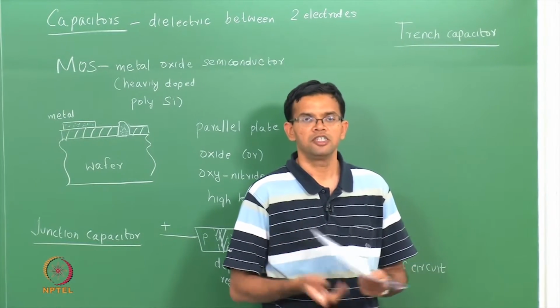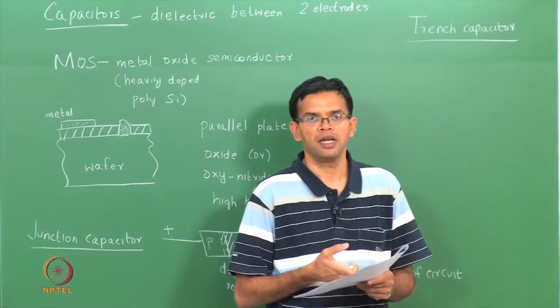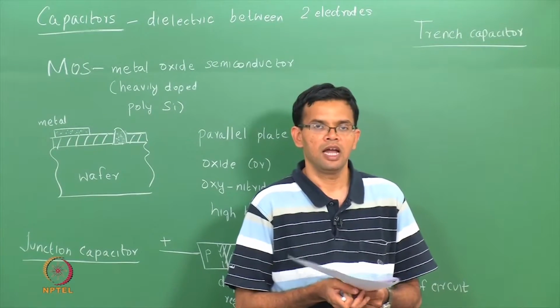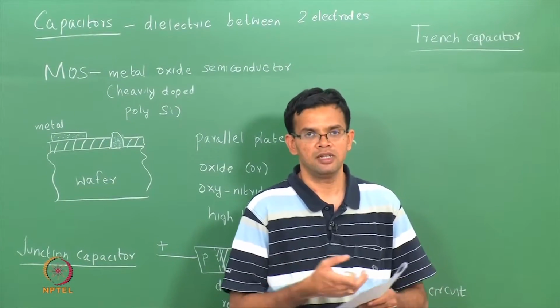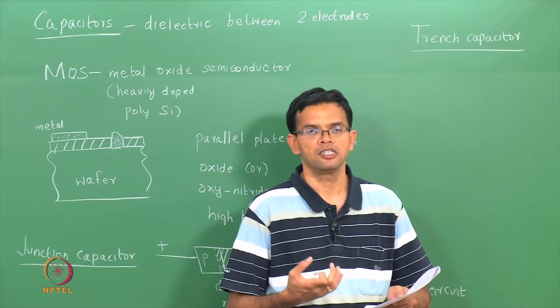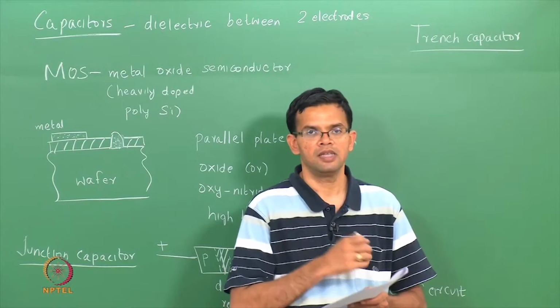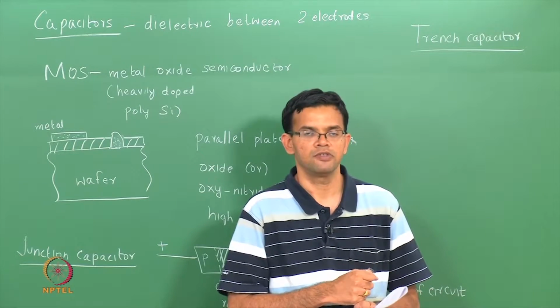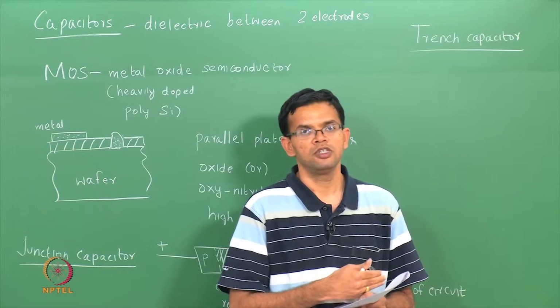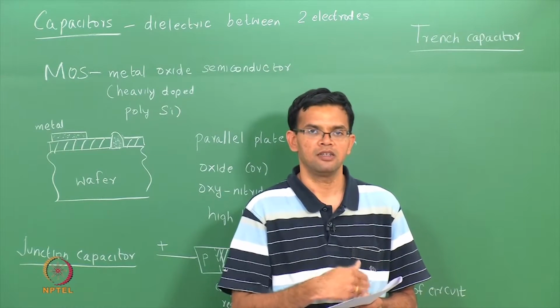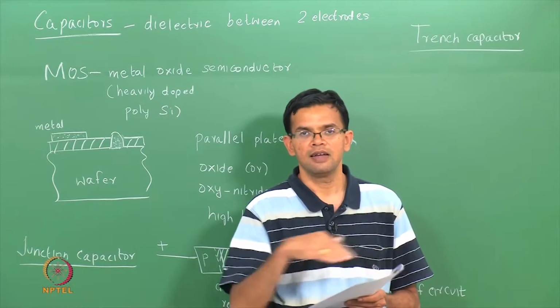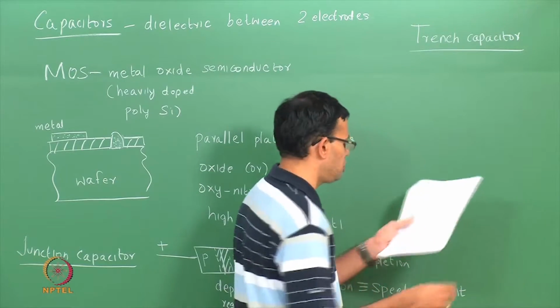So, this has an issue because it essentially occupies a larger area, and as we try to miniaturize the devices by packing everything smaller and smaller, it would be better if we could minimize the area of these devices on the surface. So, one way to do this is to actually have a capacitor that goes into the silicon rather than parallel to the wafer surface.